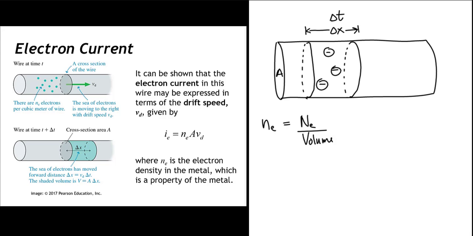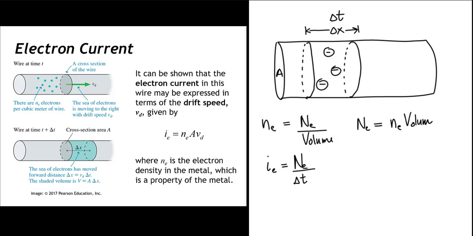Remember, we defined electron current to be the number of charge carriers crossing a point per unit time. So if we have n charge carriers per unit volume, and we know the density of charge carriers in the material, in this case, that density could be looked up if it's a conductor, we will have the number density times the volume.